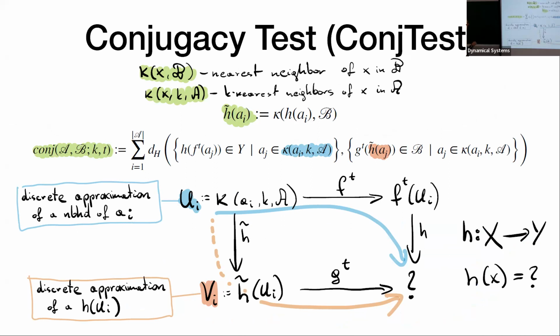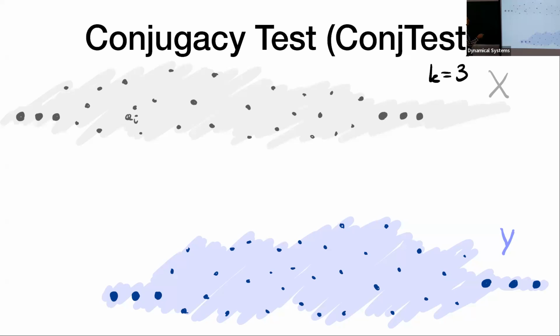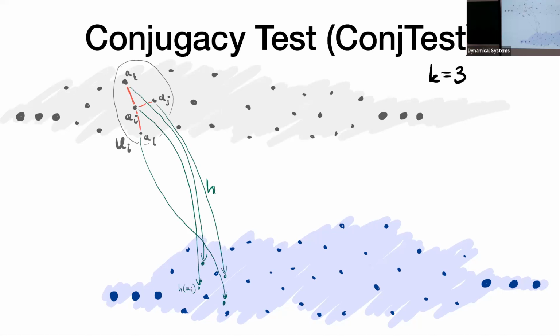What we are trying to do with this conjugacy test is to somehow mimic the commutativity of this diagram. Imagine that we have two time series. We start with some point, we take the discretized approximation of the neighborhood of this point, and we look for a counterpart of this neighborhood in the second time series.